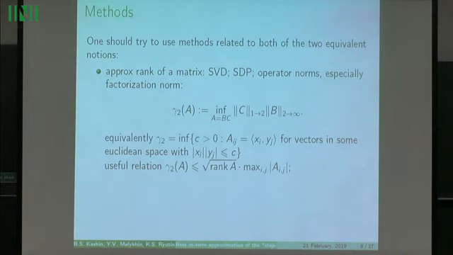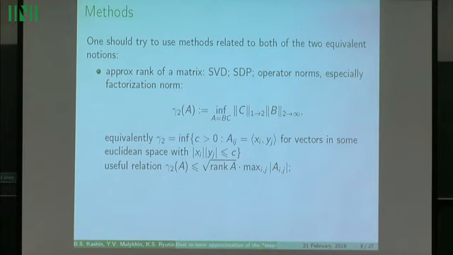From the theory of approximate rank of the matrix, we learned that there is this quantity called the gamma 2 norm of the matrix. Here I wrote its definition. I even wrote two of them. They're equivalent. One is when I factorize my matrix as a product of C and B, and I try to minimize the product of norms of these matrices. And the other one is easier to grasp at first sight. I simply try to write all the elements of my matrix as scalar products.